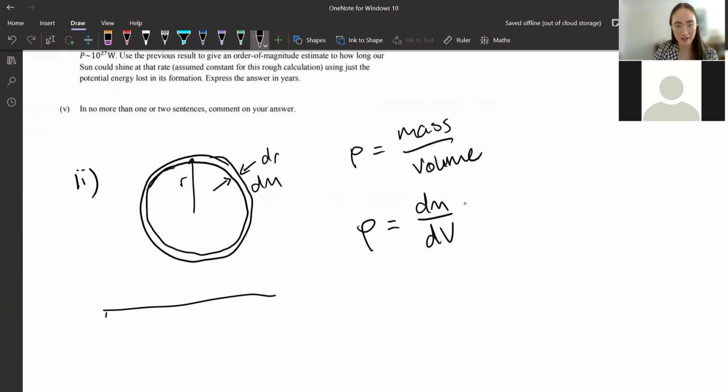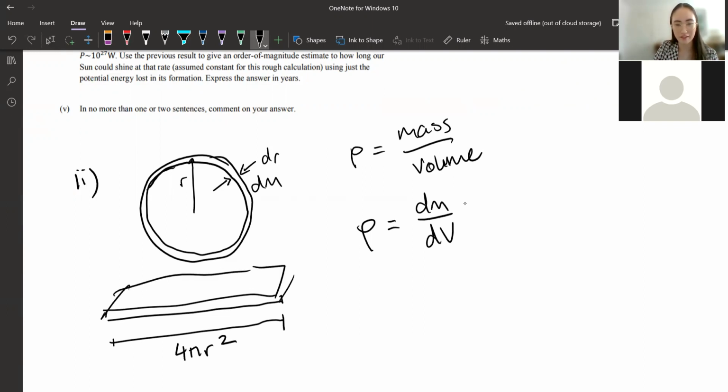And imagine we just unwrap this. This length here is going to be 4 pi r squared. Actually, it's going to be like a square. No, it's going to be a circle.